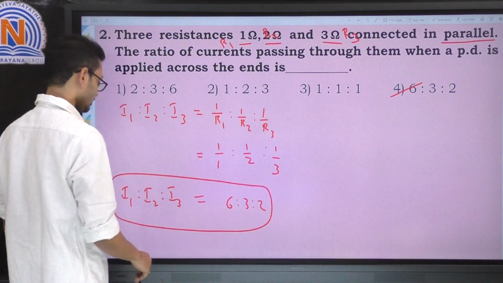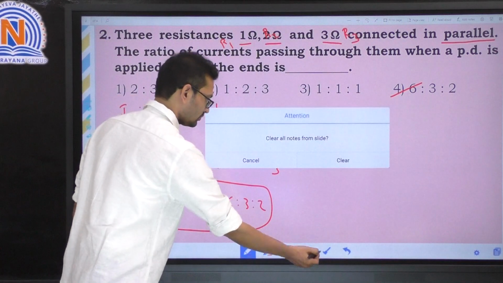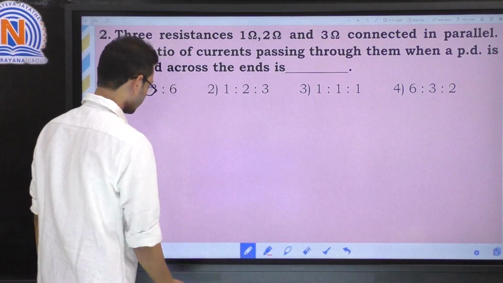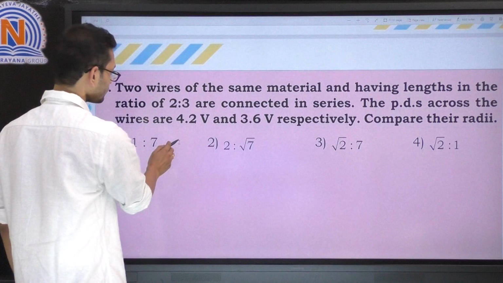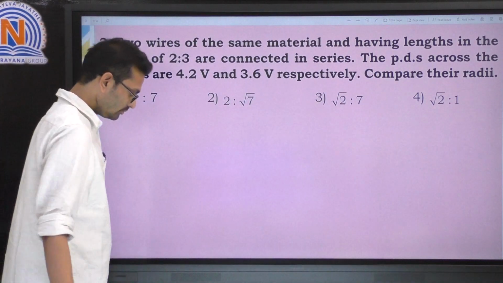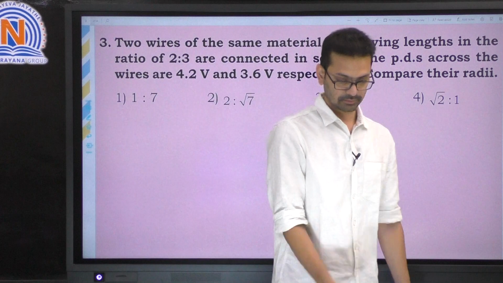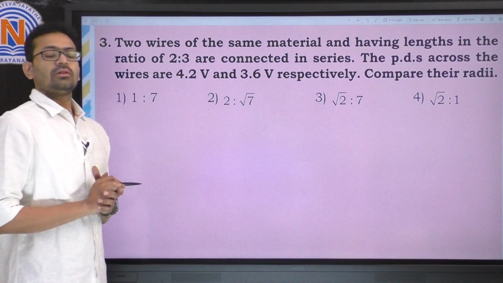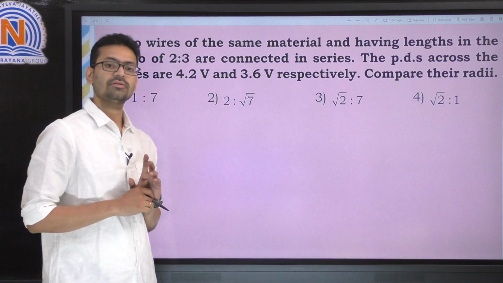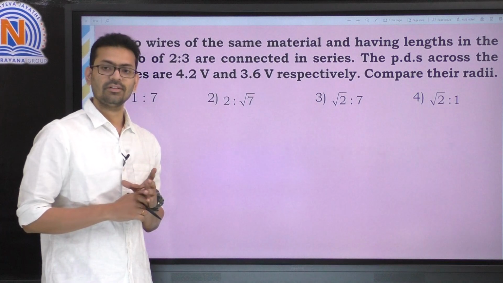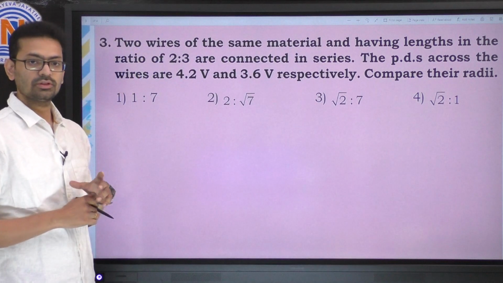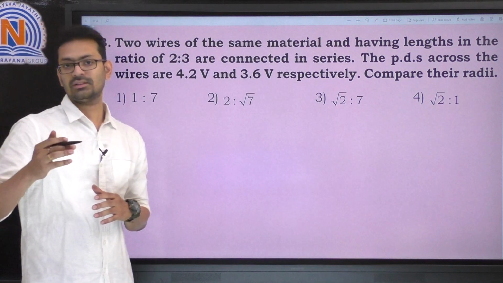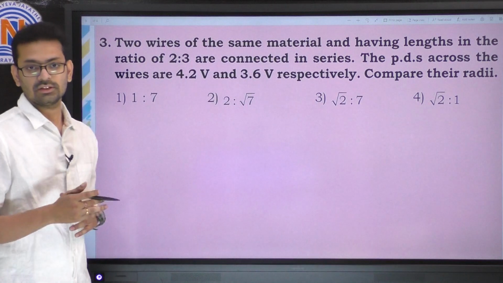The next problem over here is: two wires of the same material and having lengths in the ratio of 2:3 are connected in series.